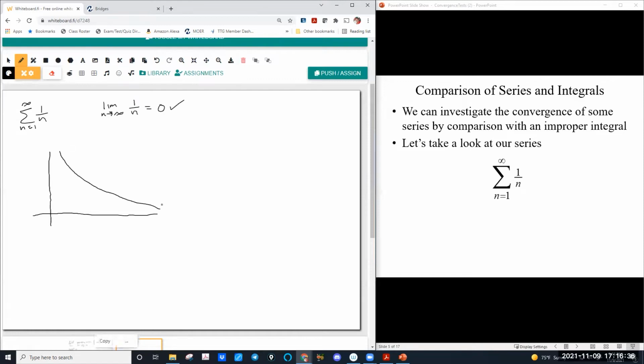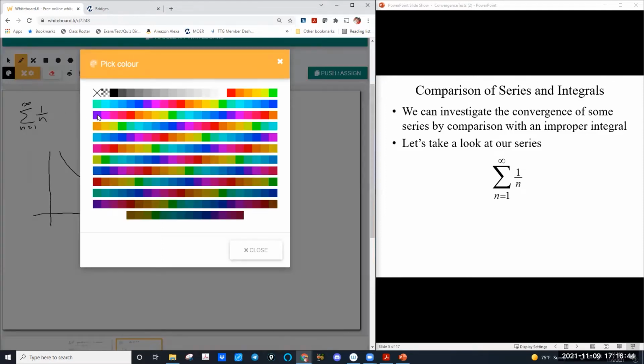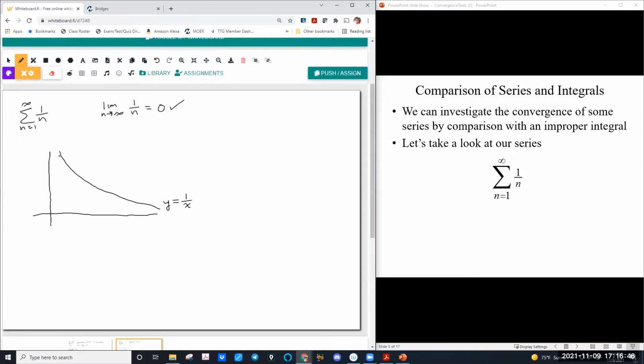All right. This is the graph of 1 over x. Now, what I want to do, and let's say 1 is right here, is basically our left-hand rule on this.